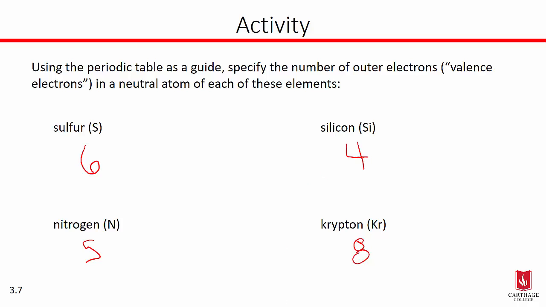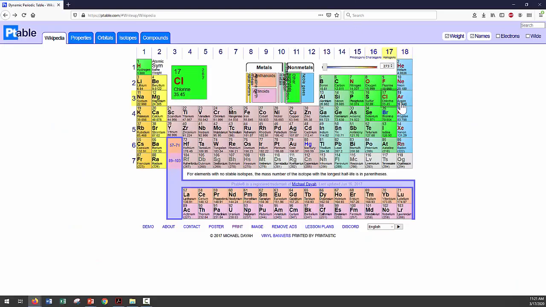Now these atoms will react with other things in order to completely fill a given shell of electrons. So in other words, sulfur doesn't like to have 6. It's going to want to try and fill this so it has a total of 8 electrons in its outermost shell.